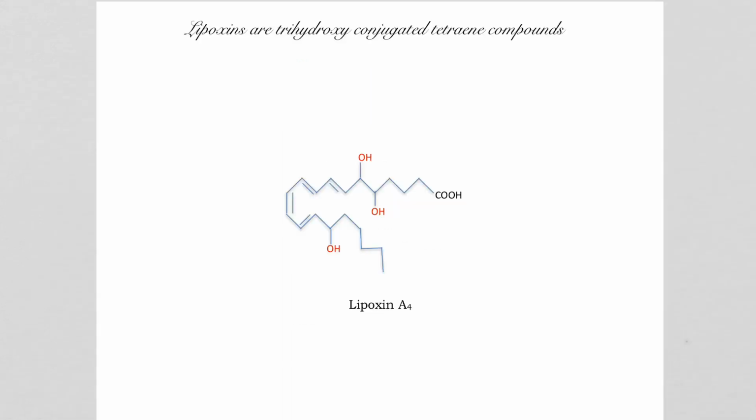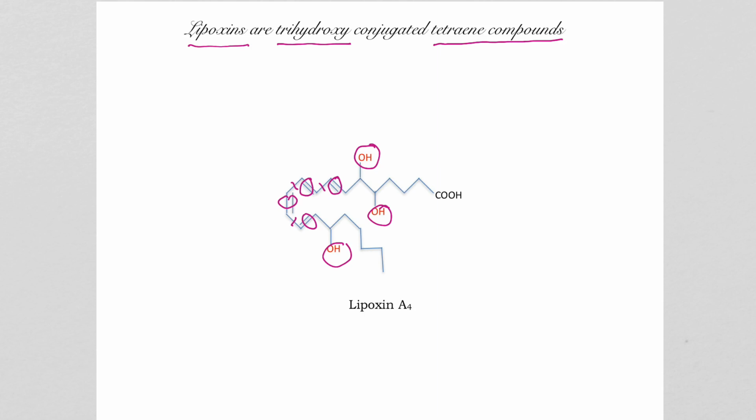Leukotrienes. Another class of eicosanoids are called the lipoxyns. Now these are trihydroxy, 3 hydroxyl groups, trihydroxy, tetraene, conjugated tetraene, so double, single, double, single, double, single, double.